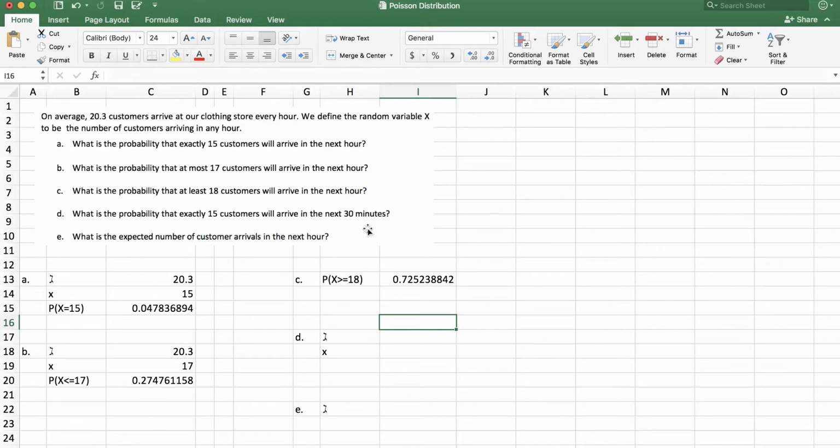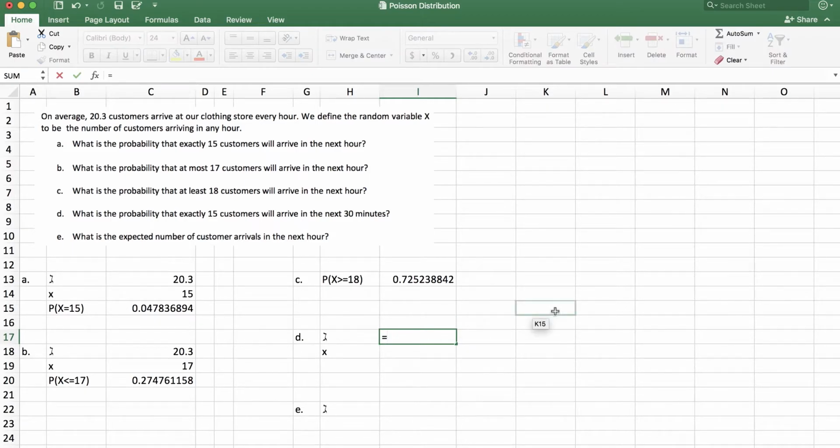So we are going to use this idea in answering this question. My lambda value is 20.3 per hour. But this question is asking about a 30 minute time interval. So my time interval is 30 minutes rather than 60 minutes.